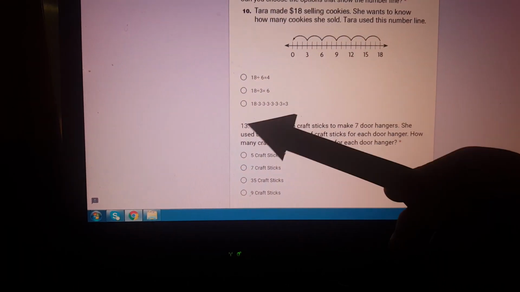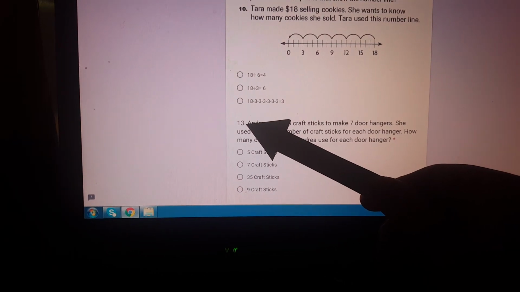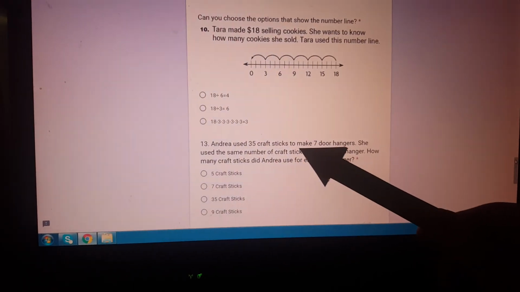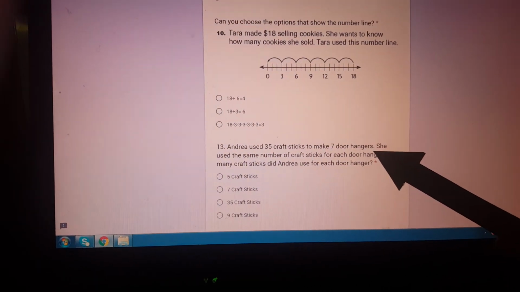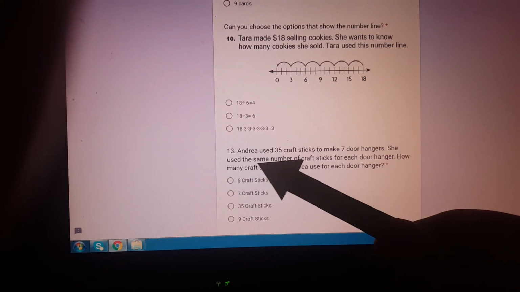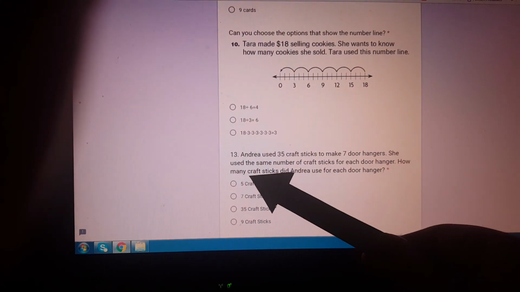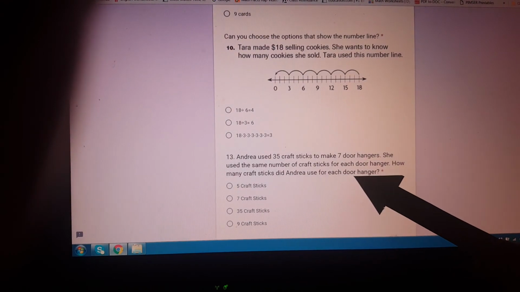So, next one is number 13. Number 13 says, Andrea used 35 craft sticks to make 7 door hangers. She used the same number of craft sticks for each door hanger. How many craft sticks did Andrea use for each door hanger?